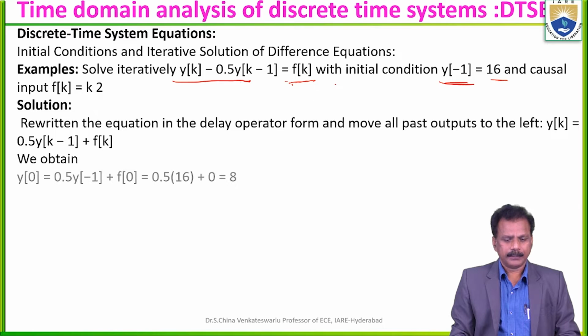So we obtain y of 0 is equal to 0.5 y of minus 1 plus f of 0, which is equal to 0.5 times 16 plus 0, which is 8.